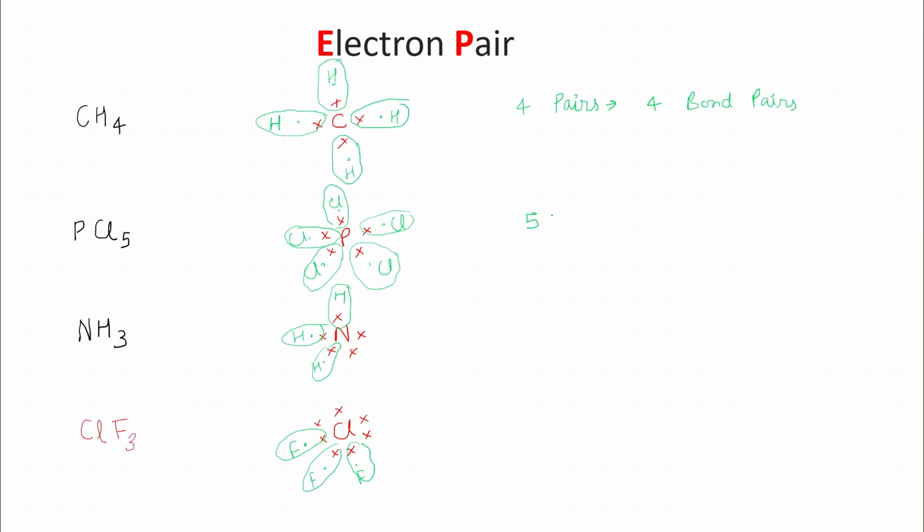Same goes for this one, 5 pairs, and all 5 of them are bond pairs. Now, here we do have 3 bond pairs for 3 hydrogens, but we have another pair which is a lone pair, or sometimes we also call it a non-bonding pair.